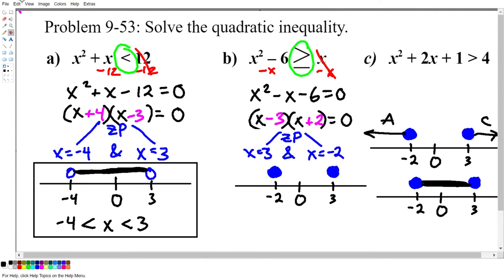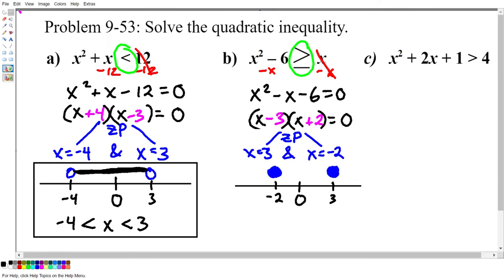I'm going to test one of our easiest points to test. Let us test a 0. Our inequality is x squared minus 6 is greater than or equal to x.